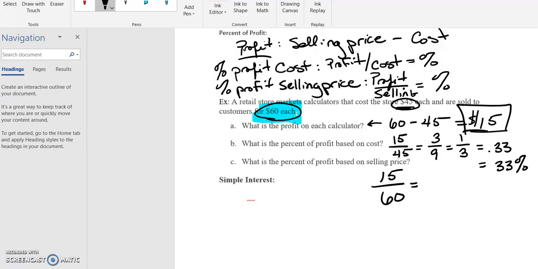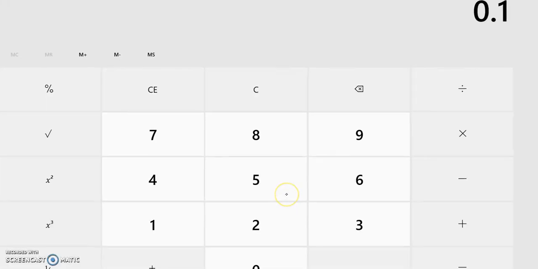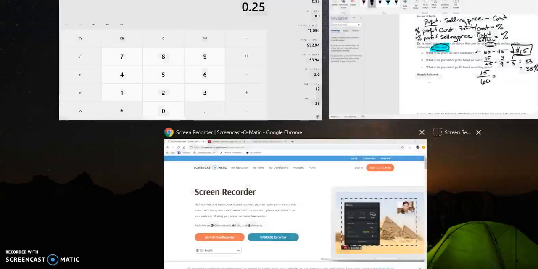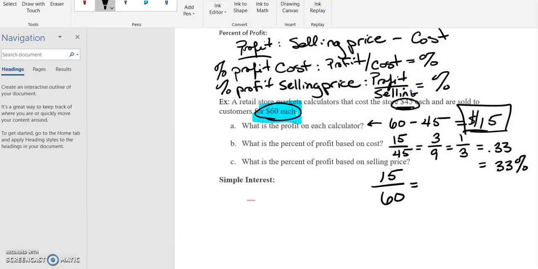Now, guys, we could do 15 divided by 60. That's going to give me 0.25. And 0.25 as a percent moves the decimal 2 places over, which is 25%. That is my percent profit based on selling price.